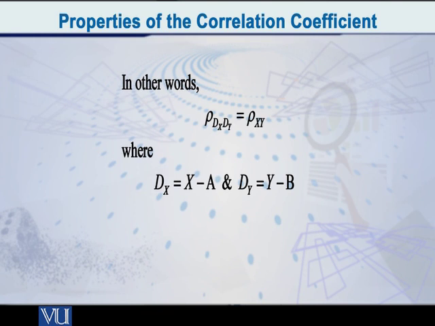We do the same for y, and then we compute the correlation coefficient. So what I'm saying to you is this, कि चाहे आप ओरिजिनल वैल्यूज के साथ कोरिलेशन निकालें, चाहे चेंज ऑफ ऑरिजिन करने के बाद निकालें, the result is the same.